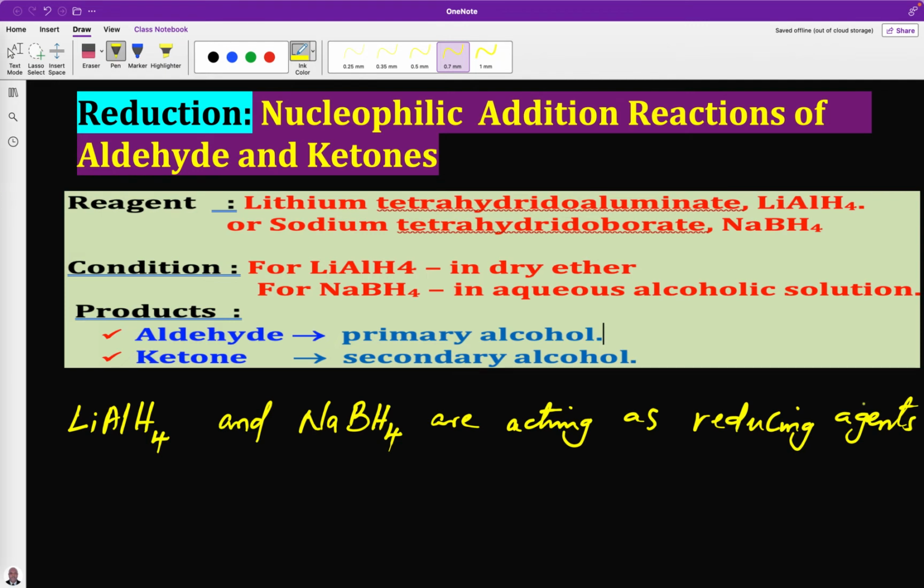They are acting as reducing agents, as well as what? As well as providing the nucleophile.